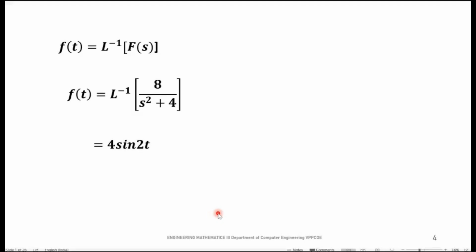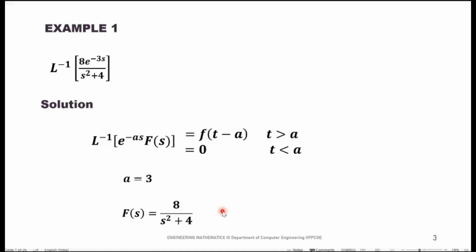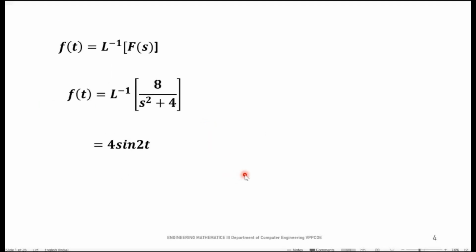Now what do we have to do? What was the problem here? Now whatever f of t you get, we have to replace t by t minus a and write the limit as t greater than a and t less than a. A is equal to 3 in this case. So we have got f of t as 4 sine 2t, so in 4 sine 2t we have to put t minus 3 in place of t.